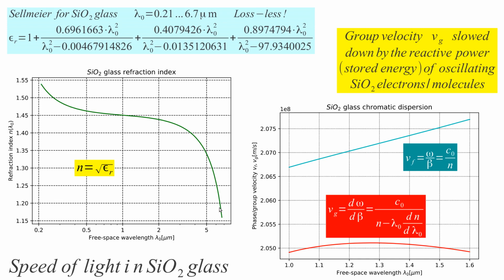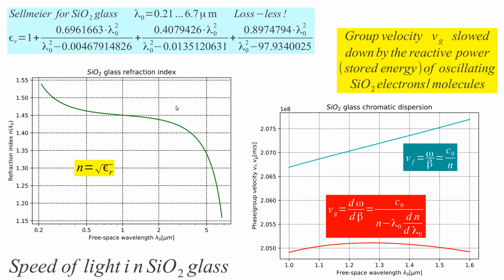Here we have infrared resonances. And in the low loss region here, almost lossless, we can describe the refraction index of silica glass with the corresponding coefficients for the Sellmeier's equation for silica glass. This equation does not include losses. It only includes the real part of the refraction index.